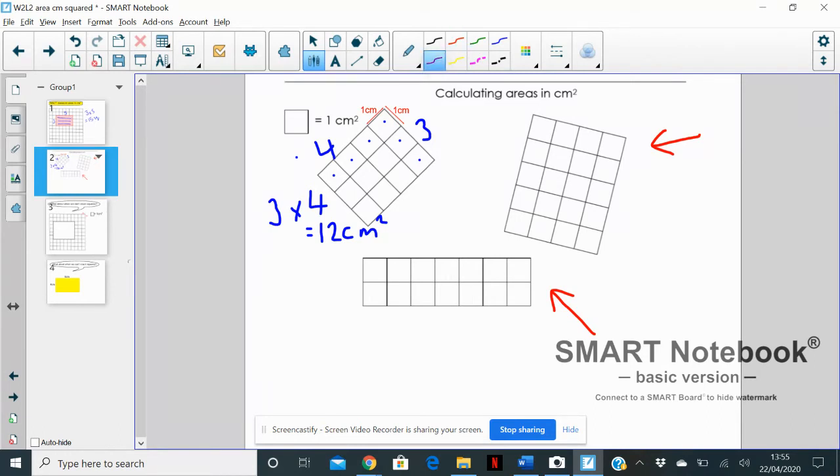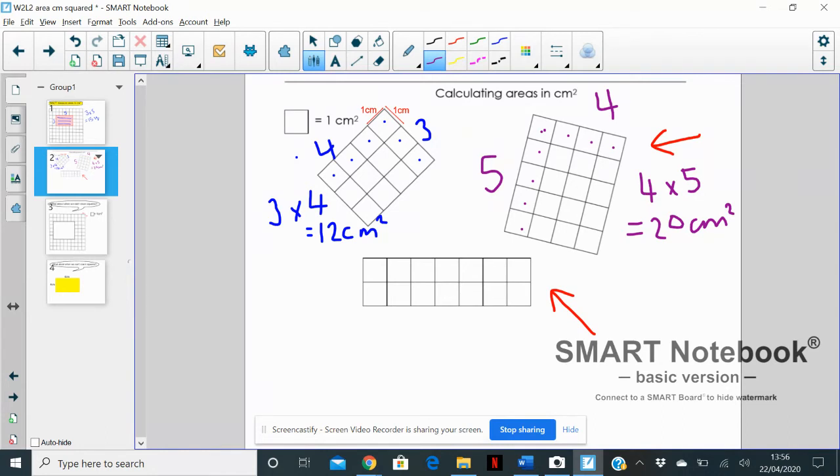So along, which would be our width or our breadth, I can see 1, 2, 3, 4. And along its length, 1, 2, 3, 4, 5. So I need to do 4 multiplied by 5, which is equal to 20. So this rectangle has an area of 20 centimetres squared.